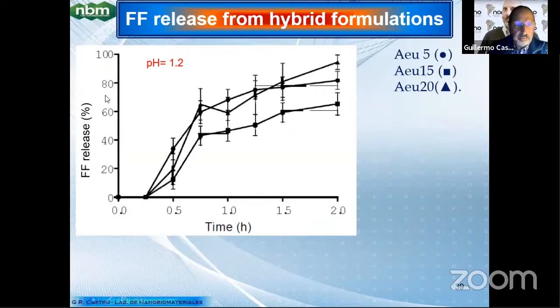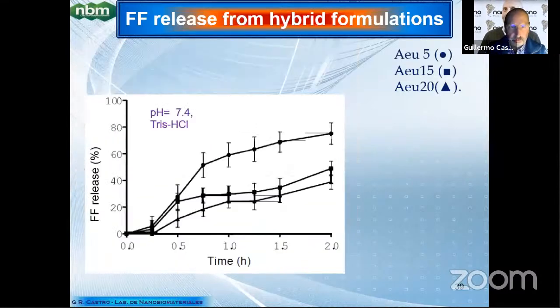As you can see, this is the florfenicol release with different concentrations. The profiles are very similar at pH 1.2, but at 15 the Eudragit concentration is lower. It means the interaction of the florfenicol with Eudragit is maximized in this condition.